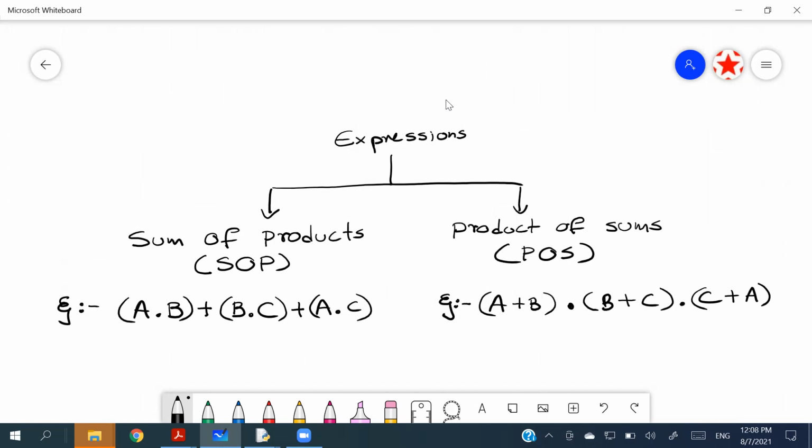So these are called product of sums, right? So what we have to recognize is the pattern. Sum of products, the product of sums, right?